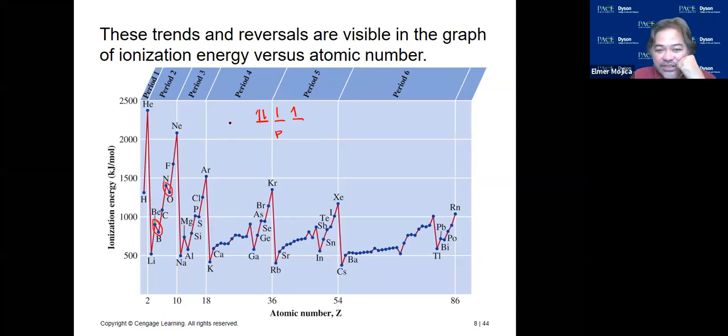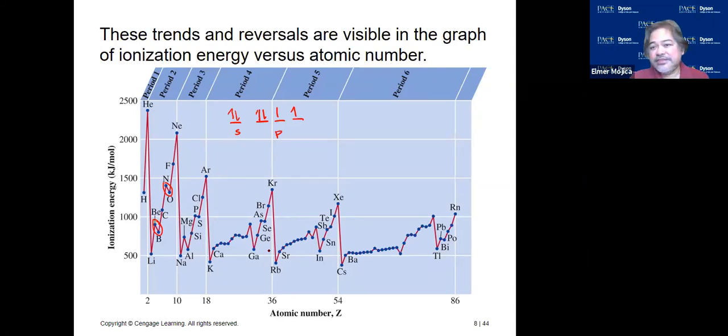And also when you transition from the S going to the P. But if you're going to look at the general here, it's still increasing. So that's the thing that I just want you to remember. Top to bottom decreases, left to right increases. Look at the trends that you have here.